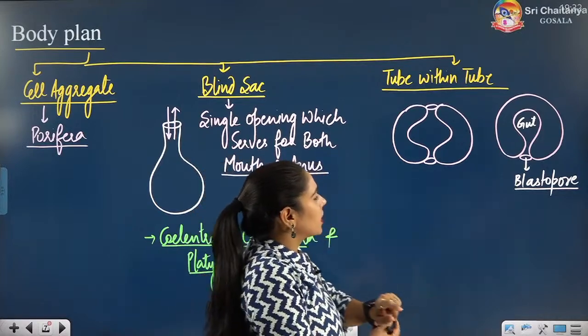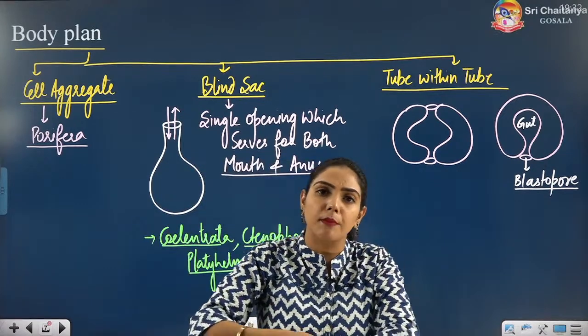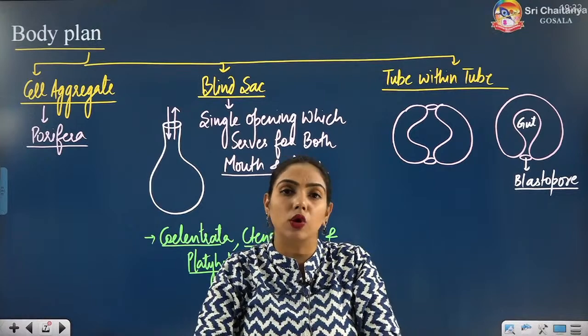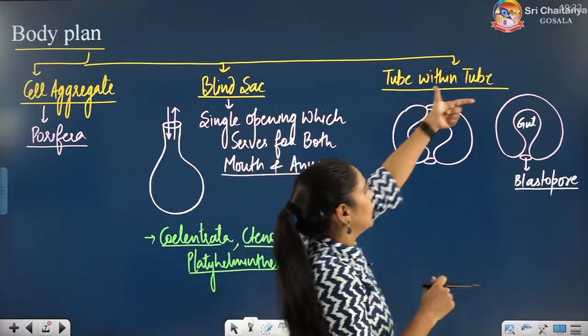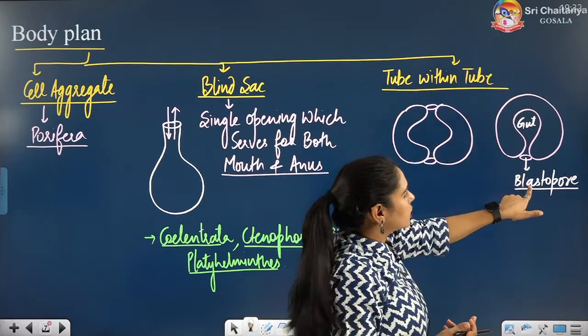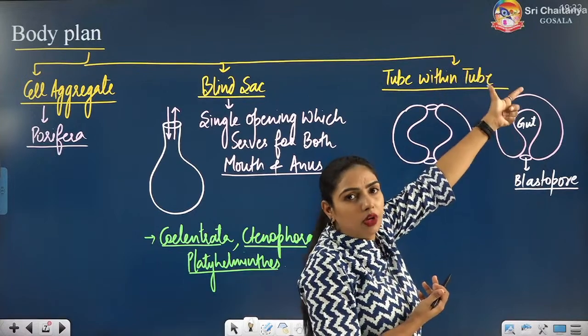Alright, so if we talk about the blastopore here, the blastopore can form the mouth as well as the anus. If it is forming the mouth first, then at the other end, anus will be formed. If the blastopore is forming the anus, then at the other end, the mouth will be formed.